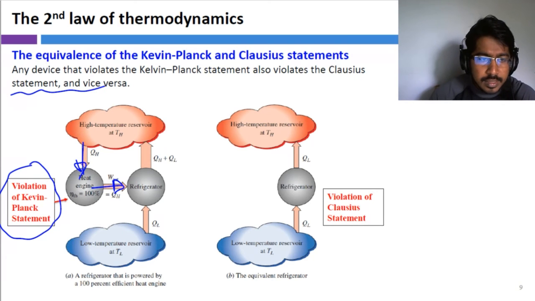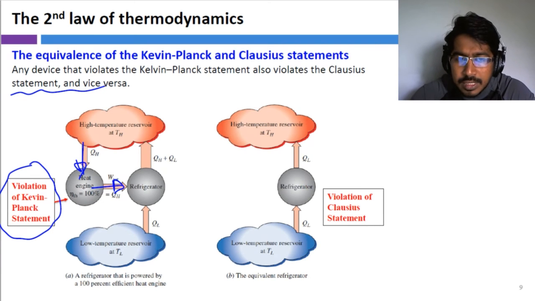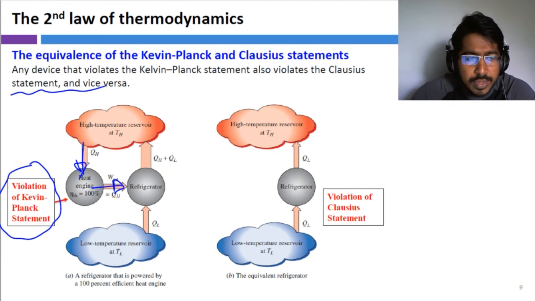Now, the refrigerator, we can use this heat engine as the power source or energy source for our refrigerator, right? To operate our compressor. So we input this work into the compressor, right?